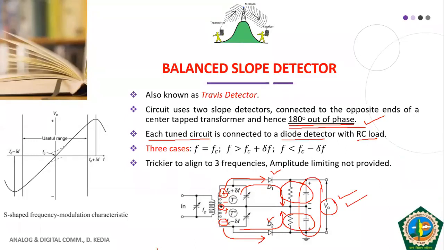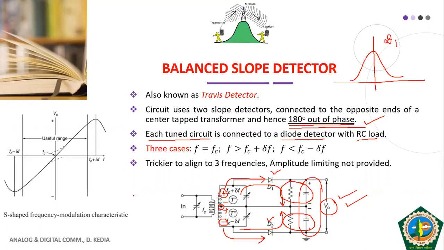Next. As I told you in basic slope detector, we used the slope detection concept, means the resonant frequency curve of the tuned circuit. Since now there are two slope detectors in reverse direction, this is one slope detector for D1.